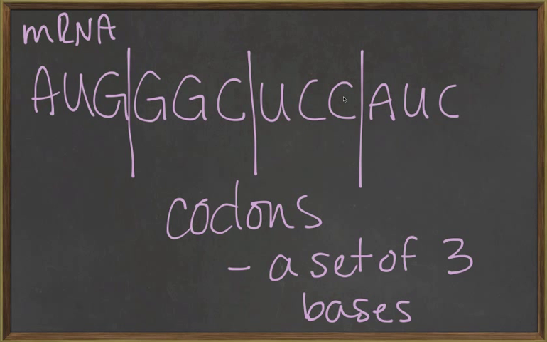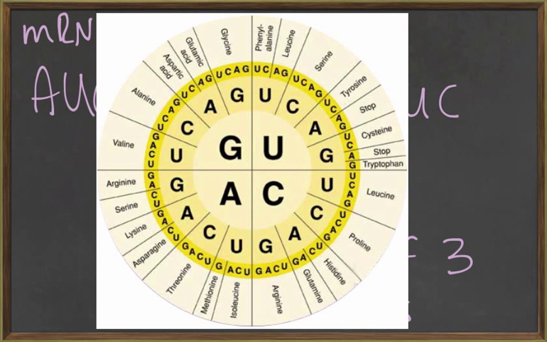Then what you have to do is take the codons and use the genetic code. So if you wouldn't mind, turn to page either 11 or 18 in your packet and you'll see 2 different versions of the exact same thing. My favorite one is on page 11 and it is the pinwheel.